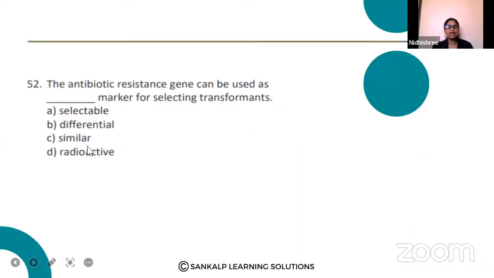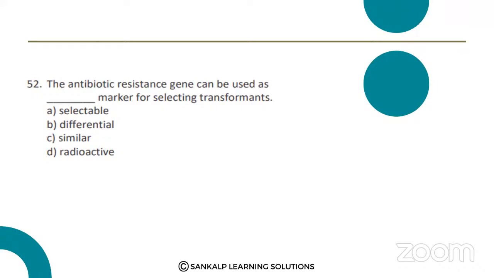52nd question. The antibiotic resistance gene can be used as dash marker for selecting transformants. Option A, selectable. Option B, differential. Option C, similar. Option D, radioactive. Yeah, I appreciate the way of answering by you guys, but until I complete the options, please don't say the answer.